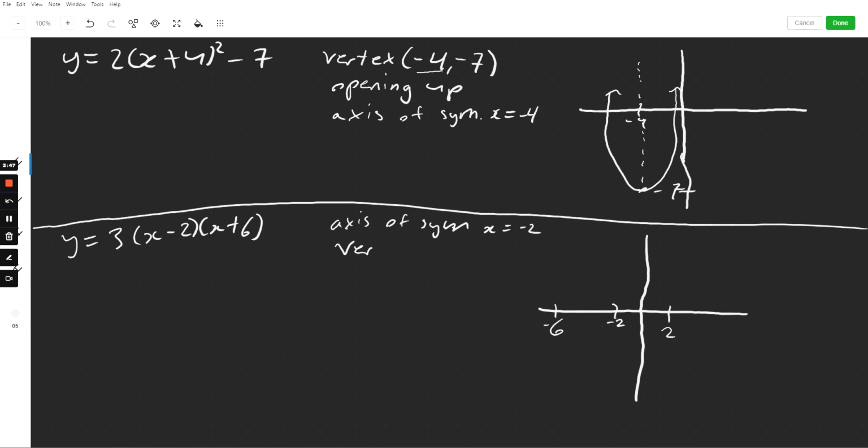The vertex is (-2, something). The way that we can figure out the y value is if we plug in -2 into here. So y equals 3(-2 − 2)(-2 + 6).